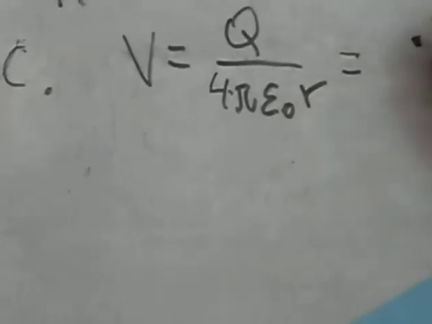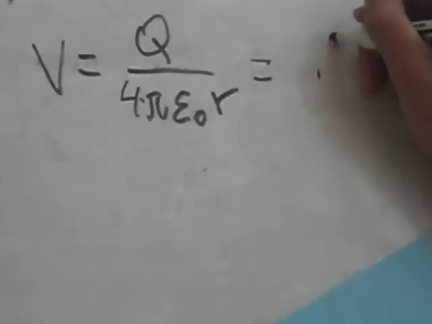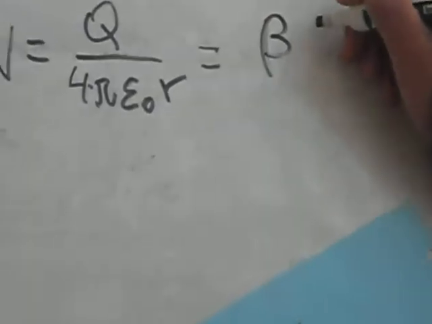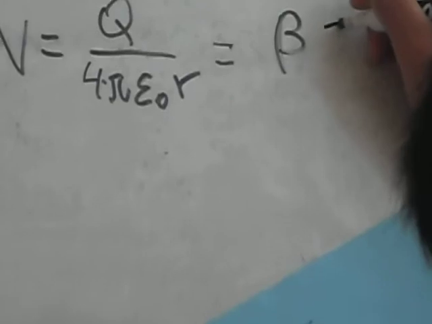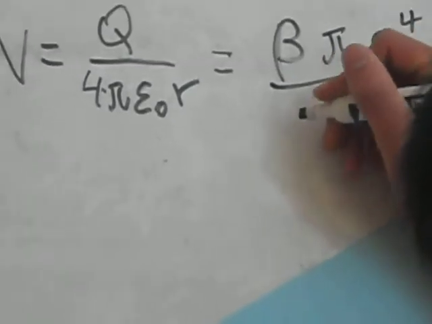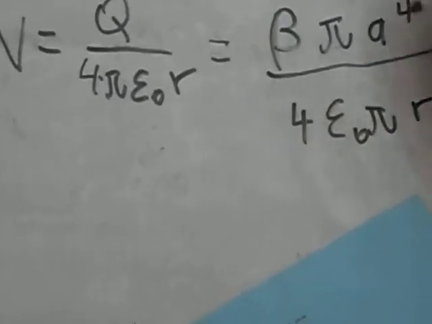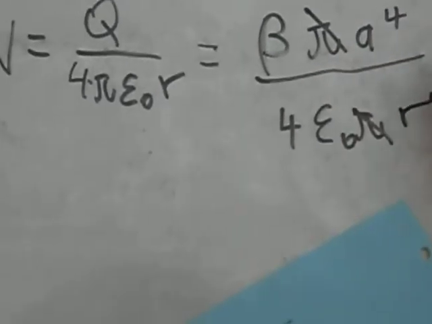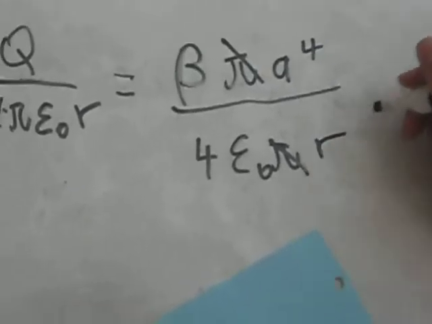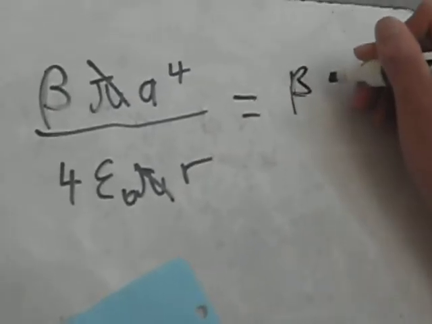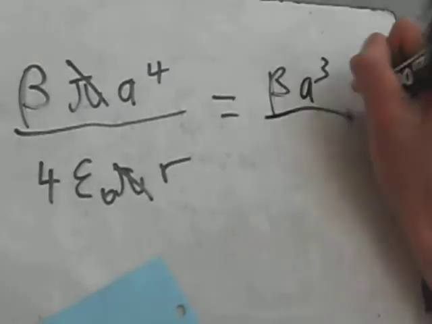And then you just plug in Q, and you get beta pi A to the 4th over 4 epsilon naught pi R, and then the pi's cancel out, and R is equal to A, so this just equals beta A to the 3rd over 4 epsilon naught.